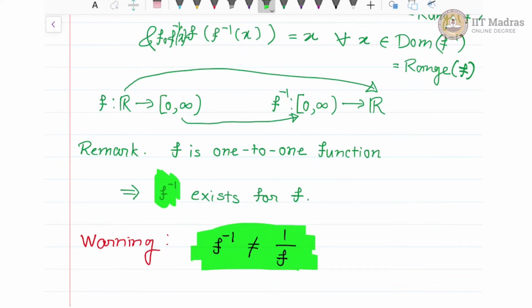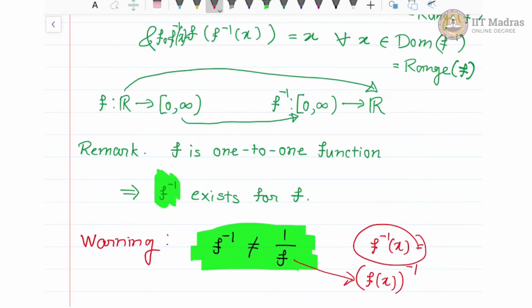Whenever we talk about f inverse of x, it simply means the inverse function. Whenever you want to talk about 1 by f, you should write f of x to the power minus 1, which is 1 by f of x. This you should always remember.